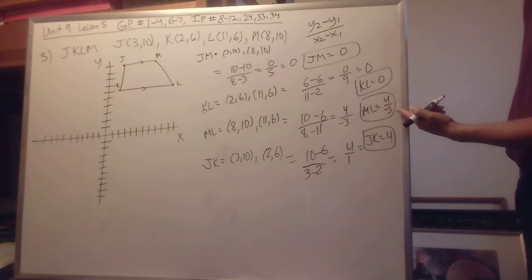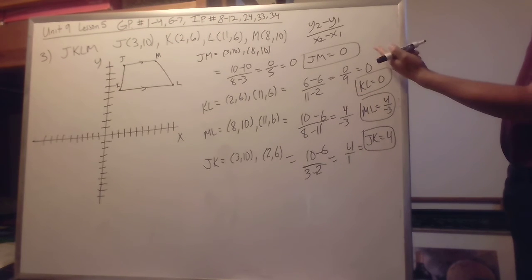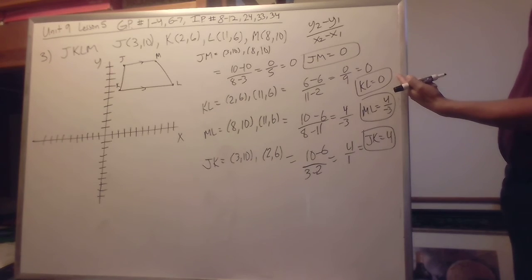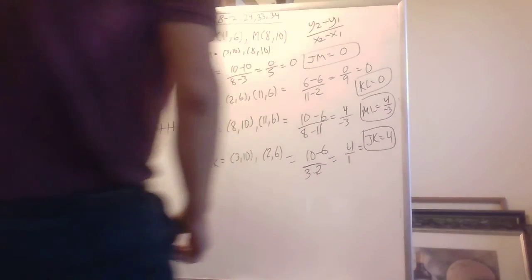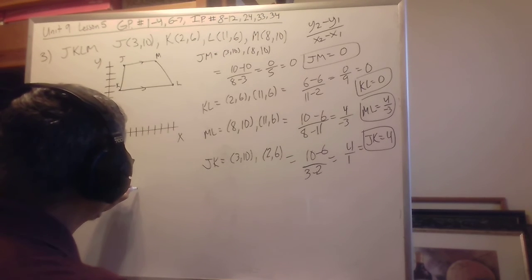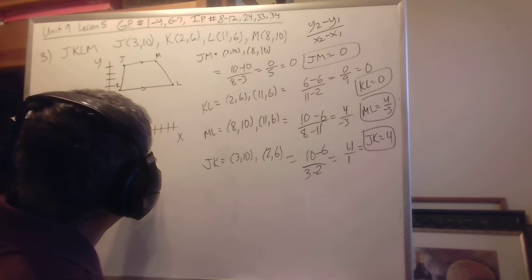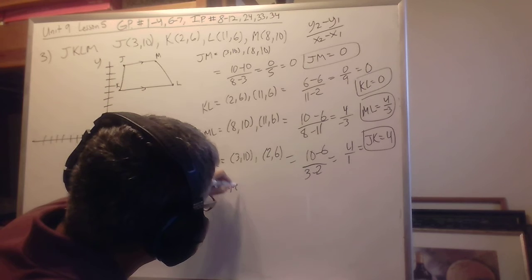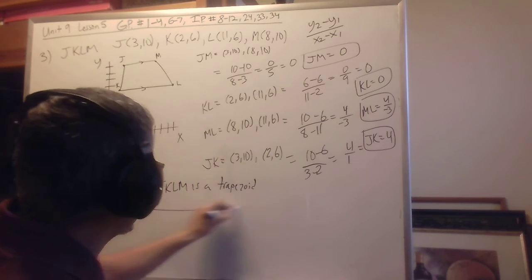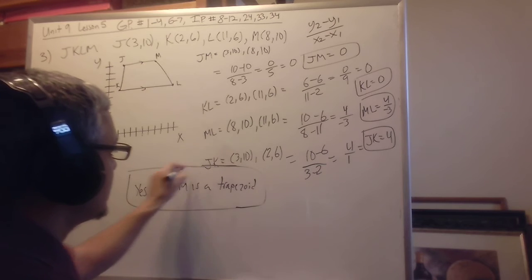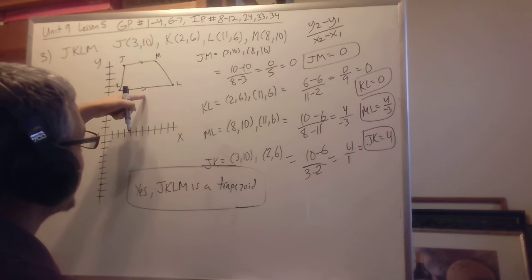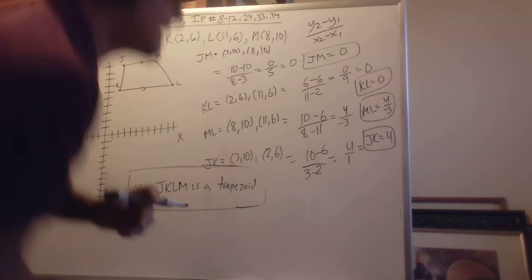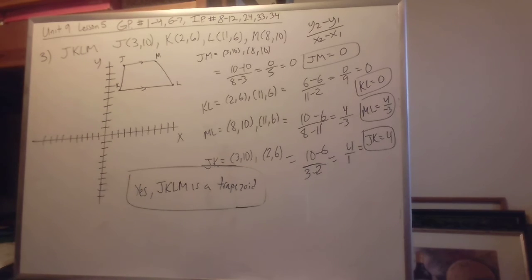If they were parallel, these slopes would be the same. So since we have one pair of opposite sides, JM and KL, with slope 0, we know that this quadrilateral is a trapezoid. So JKLM is a trapezoid based on one pair of opposite sides having the same slope and the other two opposite sides having different slopes. So that is number 3 of the guided practice.